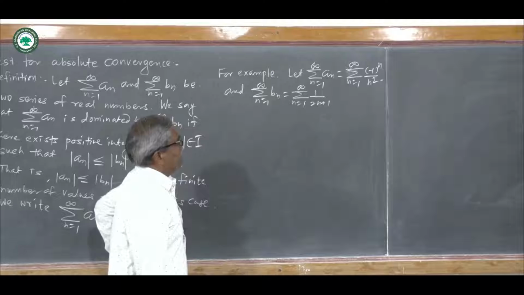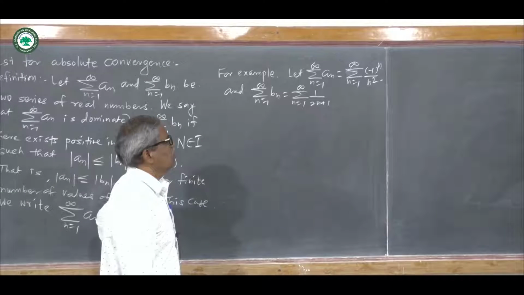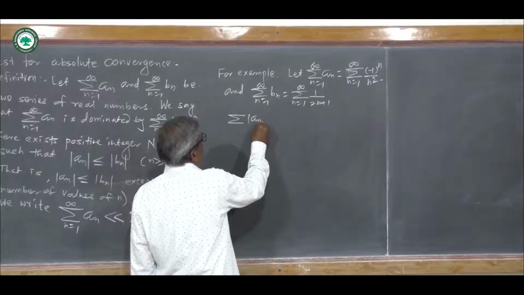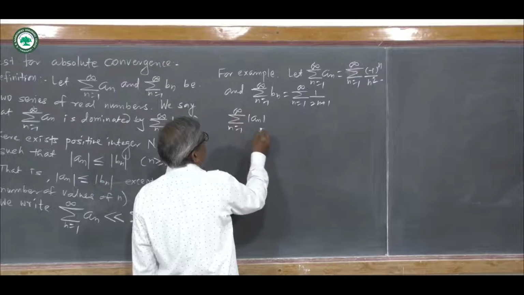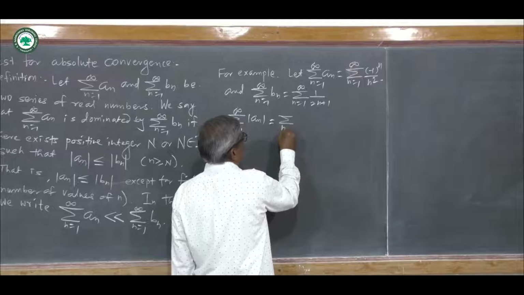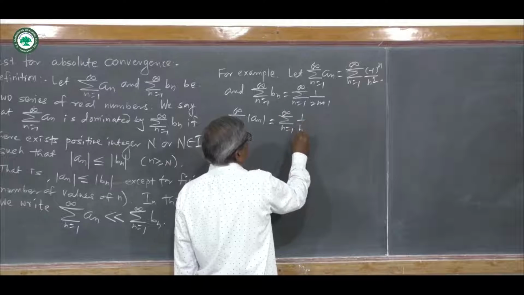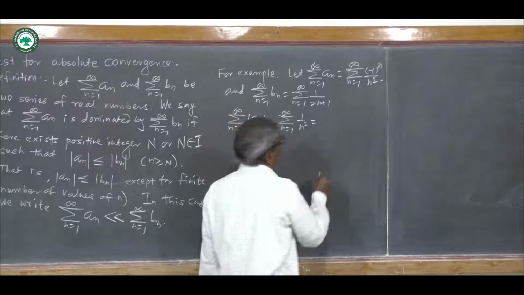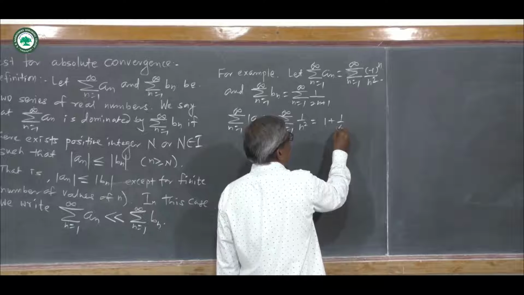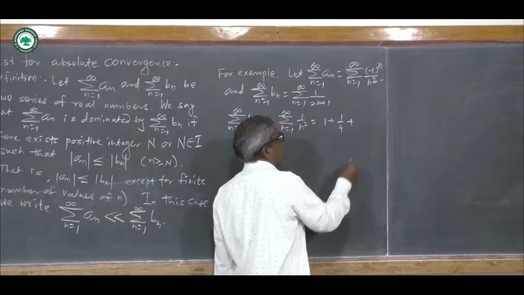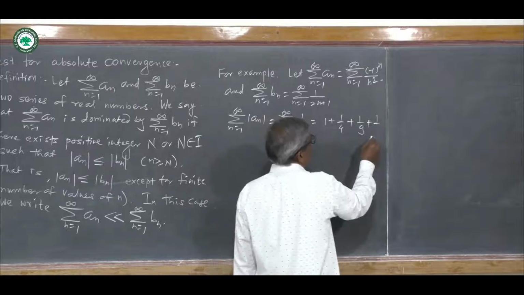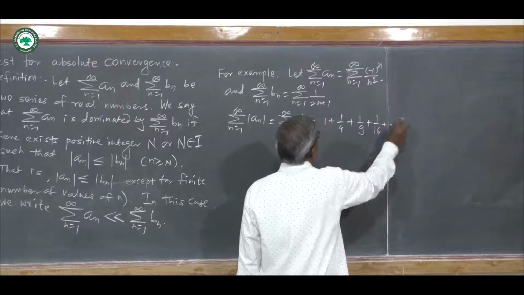Here summation mod of a_n, n equal to 1 to infinity, is equal to summation 1 by n square, which is 1 upon 1 square, that is 1, plus 1 upon 2 square, that is 4, plus 1 upon 3 square, that is 9, plus 1 upon 4 square, that is 16, plus and so on.